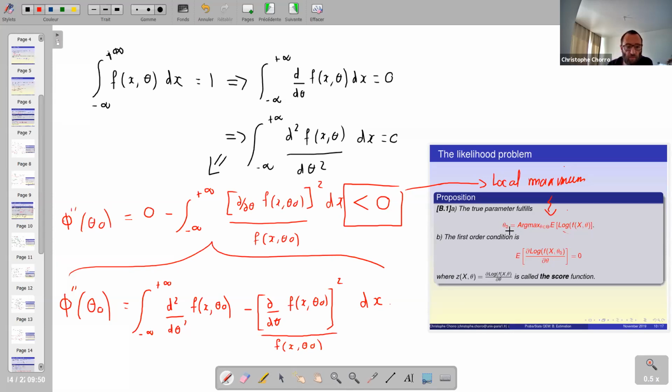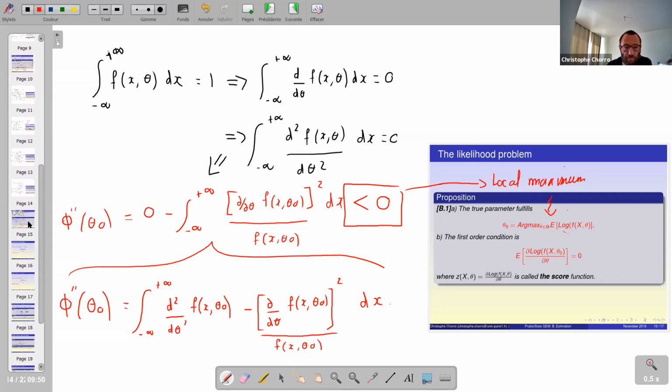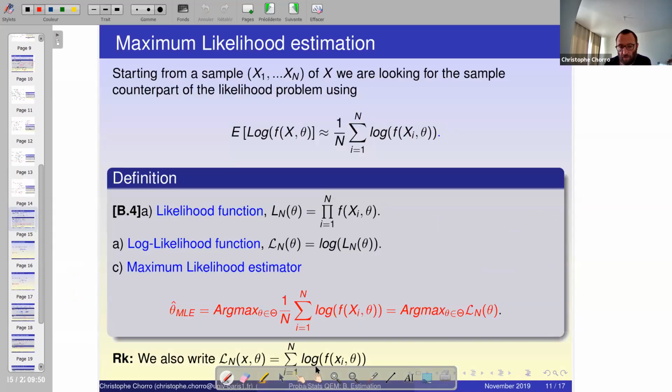And it's exactly what we are going to do. So it's the maximum likelihood estimator. The idea is very basic.